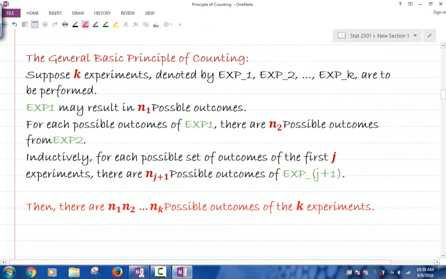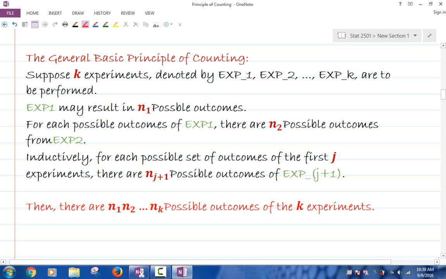The general basic principle of counting is that instead of having just 2 experiments, what if we have k experiments? Suppose that we have k experiments denoted by exp1, exp2, expk.